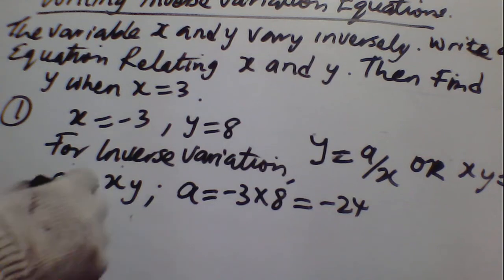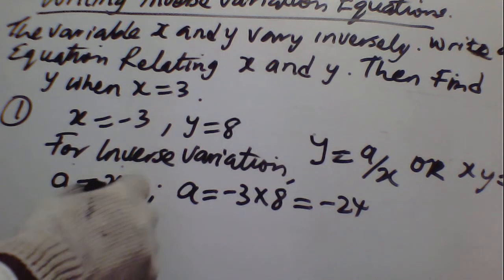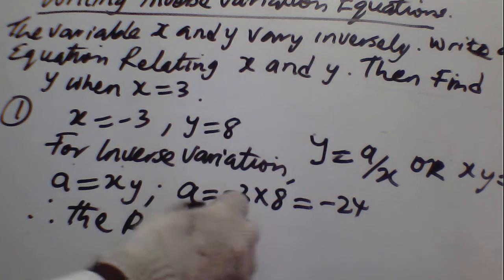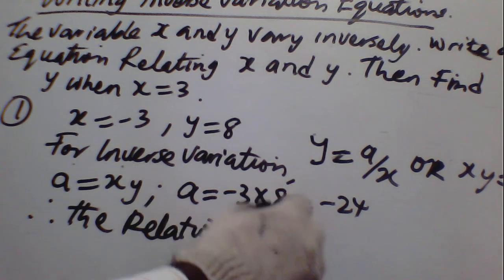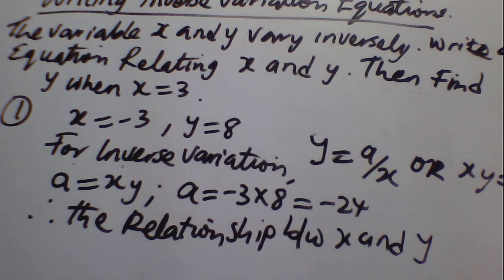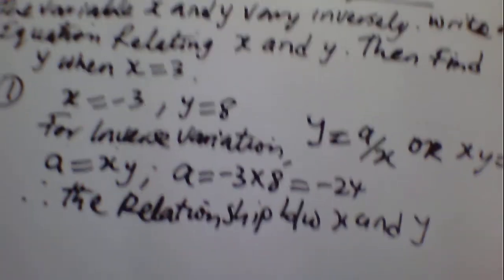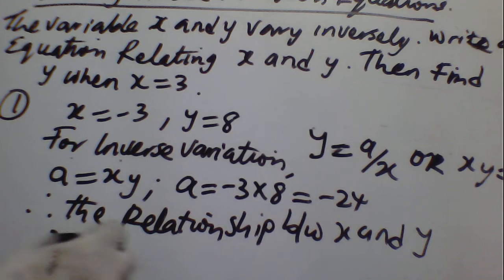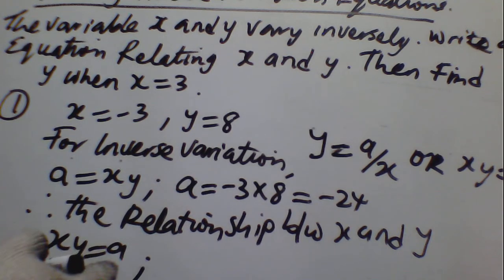So therefore the equation, the relationship between x and y, is given by xy is equals to a. We know that a is equals to minus 24.